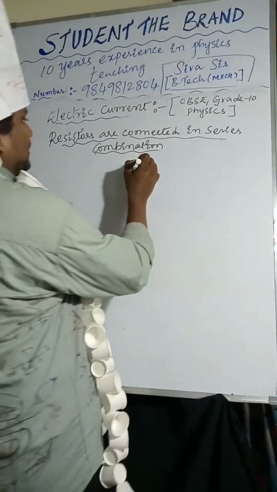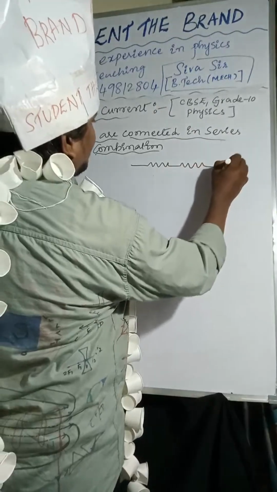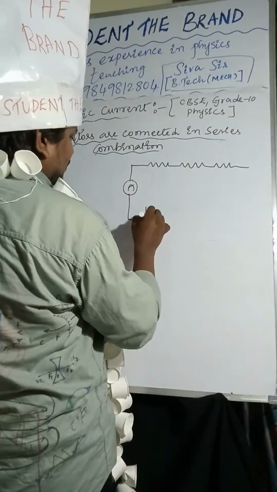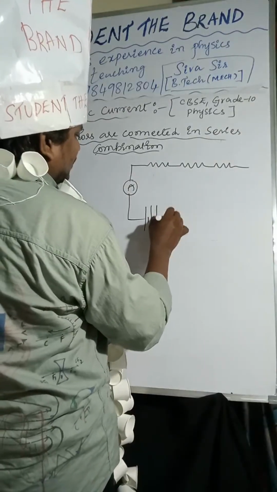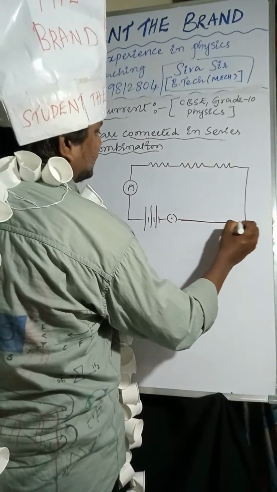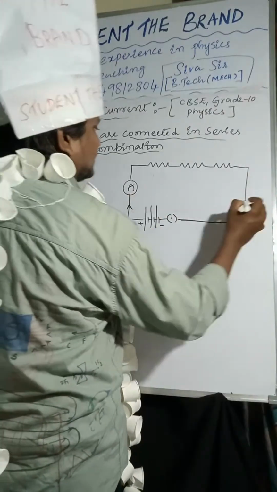I'm taking one resistor like this and one more, and connecting them to the battery. Here you can observe the positive terminal and negative terminal, and the current is passing like this.